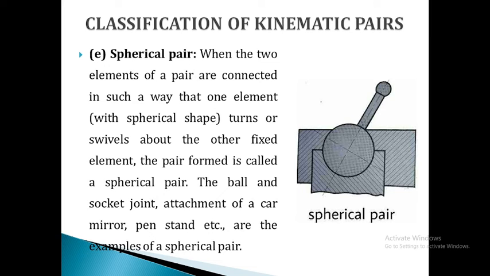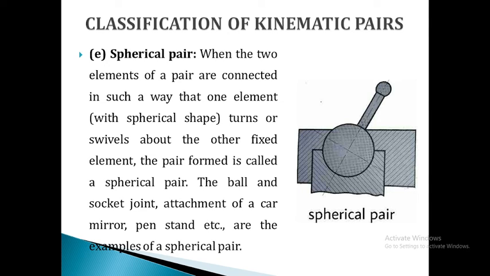When two elements of a pair are connected in such a way that one element turns or swivels about the other fixed element, the pair formed is called a spherical pair.